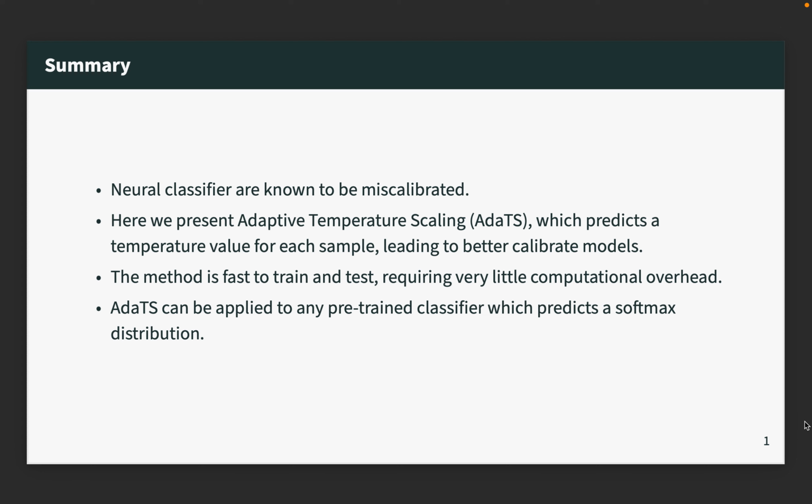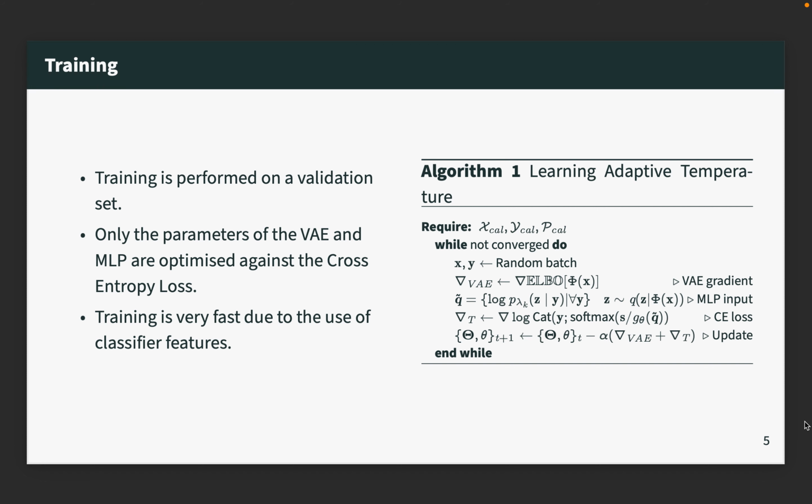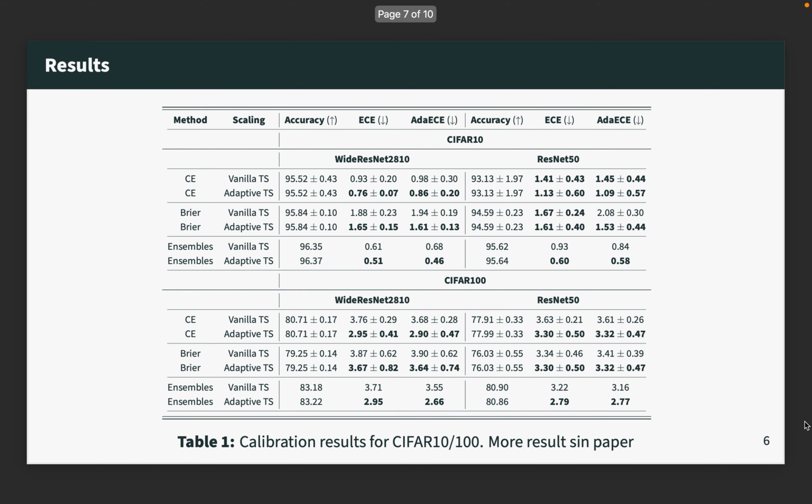We then construct the MLP input, which consists of the latent probabilities. We then optimize the cross-entropy loss by only optimizing the temperature, which is the output g theta. We then update the parameters using gradient descent. It is worth noting that training is very fast due to the use of the classifier features.